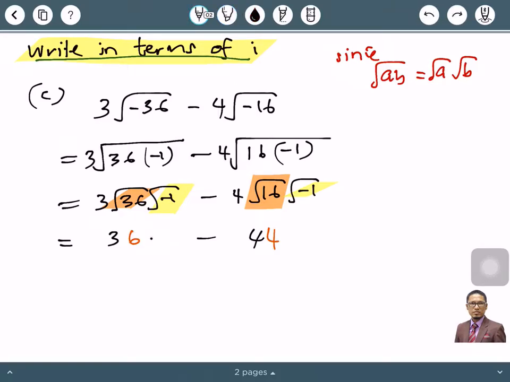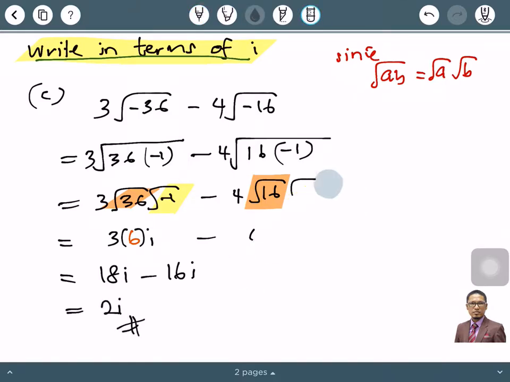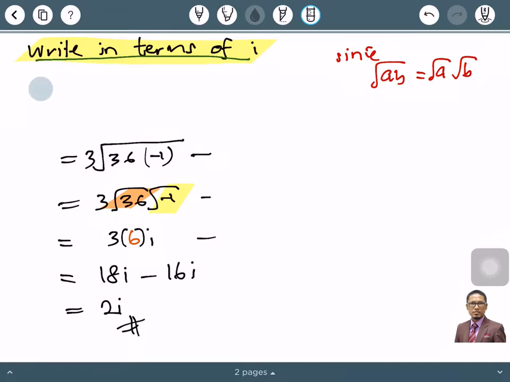So we write square root of negative 1 is equal to I. Jangan lupa buat bracket, 3 times 6 and 4 times 4. So we get 18I minus 16I. So we can simplify as 2I. Ni contoh yang ketiga.